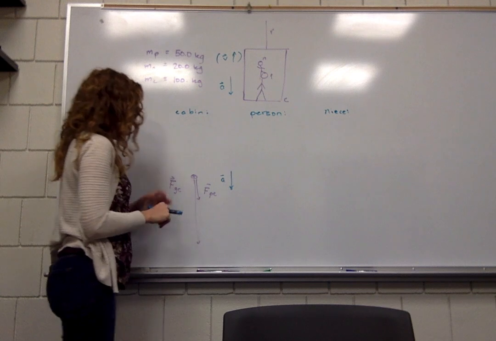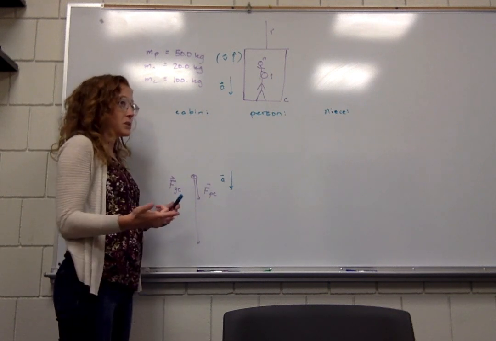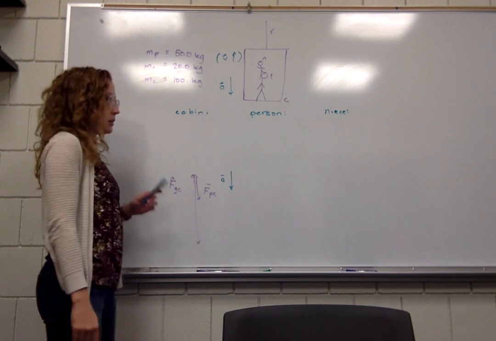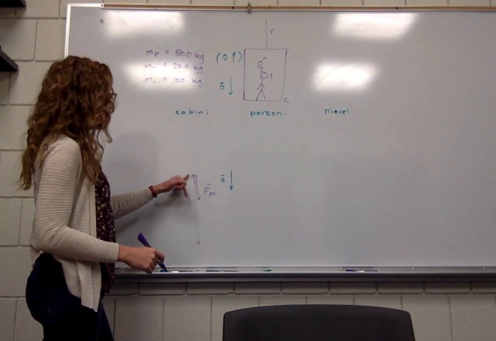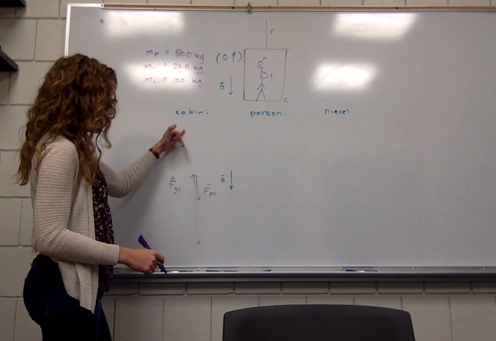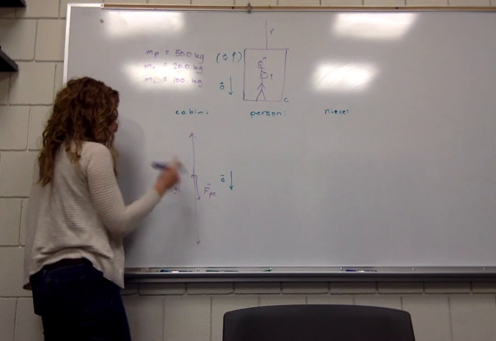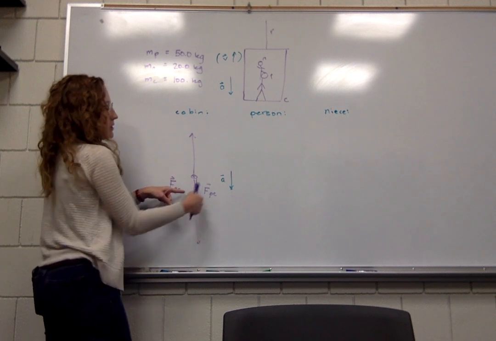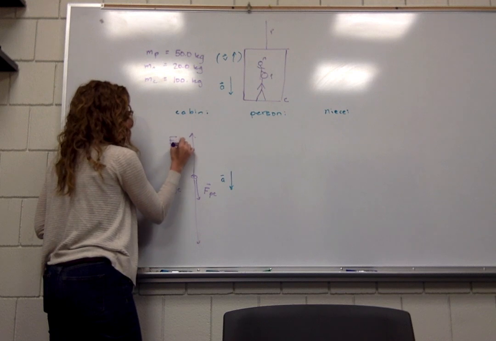So the acceleration is pointing down, which means that our net force must point down also. So I don't know how big to draw the force of the rope pushing up, but it's definitely going to push up. It's got to be smaller than the sum of these two together. So there it is, the force of the rope on the cabin.